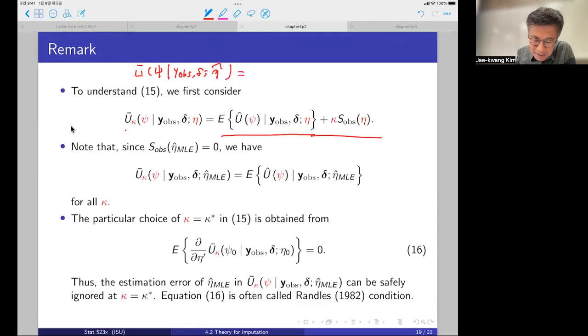If you write it as psi and eta hat and then apply a Taylor expansion, you will get something like this.